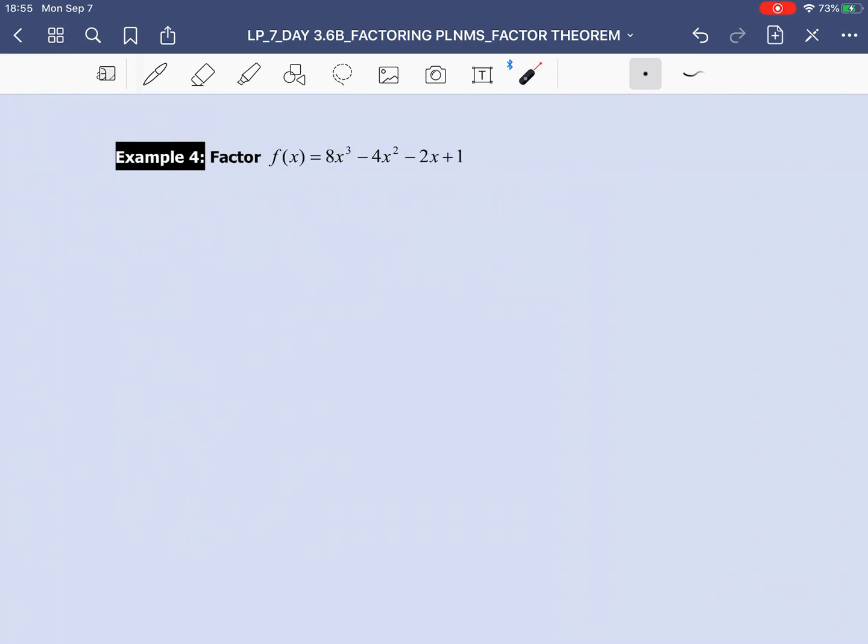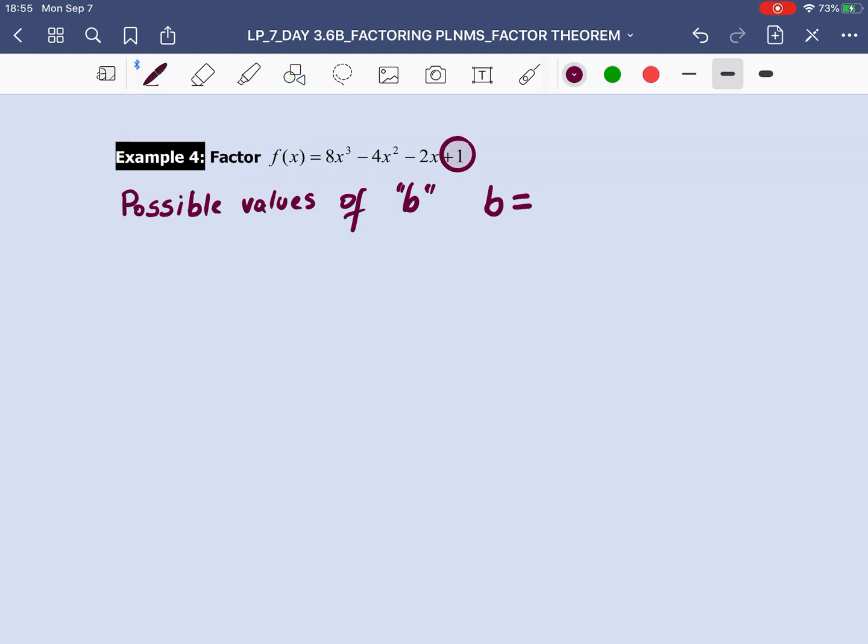Let's get started with an example. So we have 8x cubed minus 4x squared minus 2x plus 1. I'm going to start with possible values of b. The values of b will depend on the constant term in the polynomial, so that means we have simply plus or minus 1.